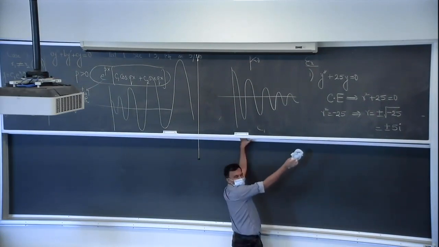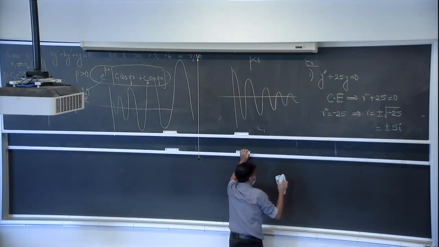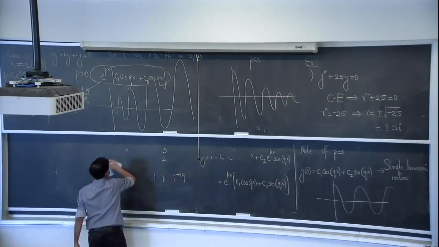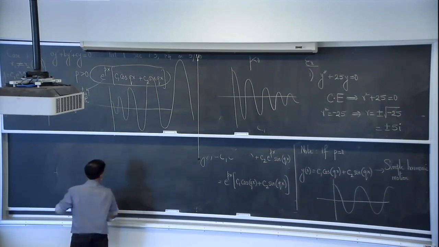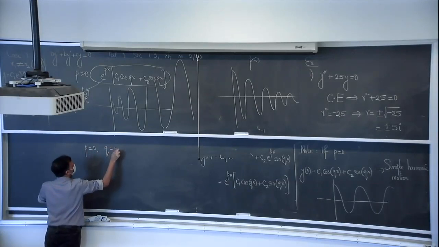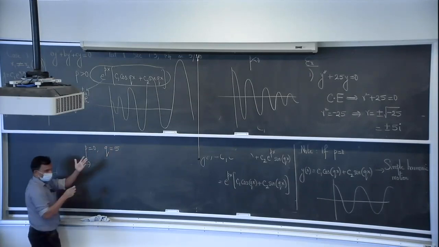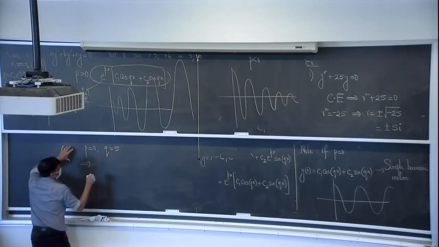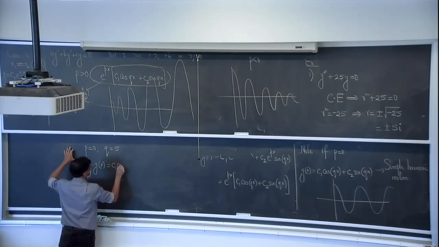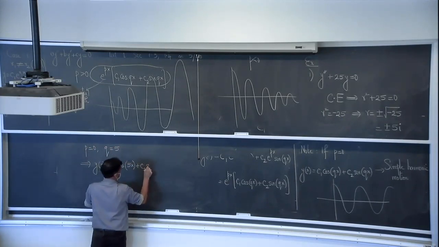So there is no p there, right? P is equal to 0 and q equal to 5, not 5i. So p equal to 0 and q equal to 5 gives you, this is case 3, obviously, and that will be y of x equal to c1 cosine of 5x plus c2 sine of 5x.